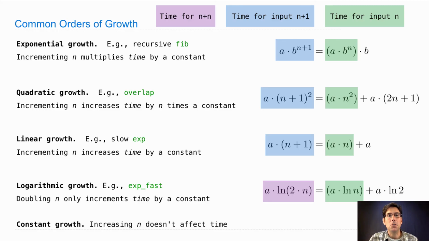If it's possible to re-implement some function in order to change its order of growth from exponential to linear by memoization, or from linear to logarithmic, as we did for exponentiation, that can substantially change not only the speed of your program, but the size of problem that your program can handle, without seeming like it's taking forever.